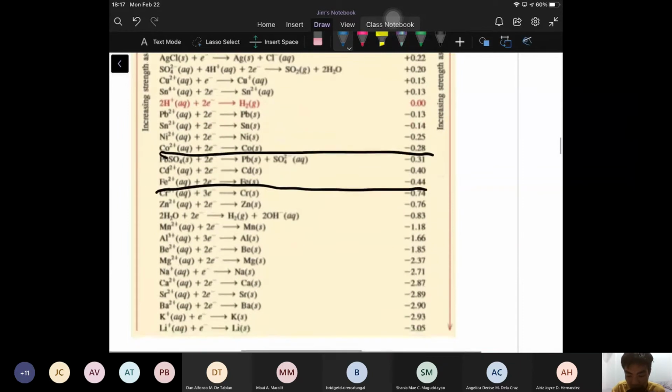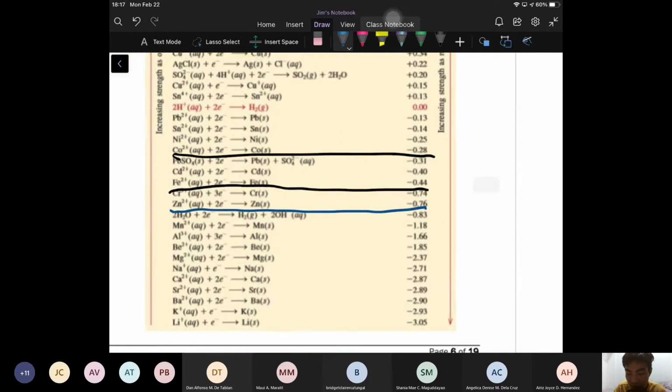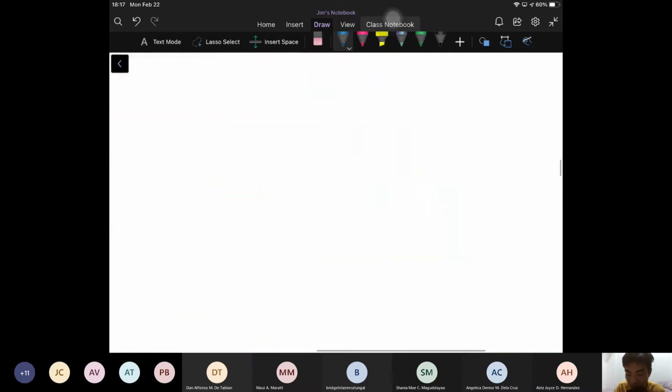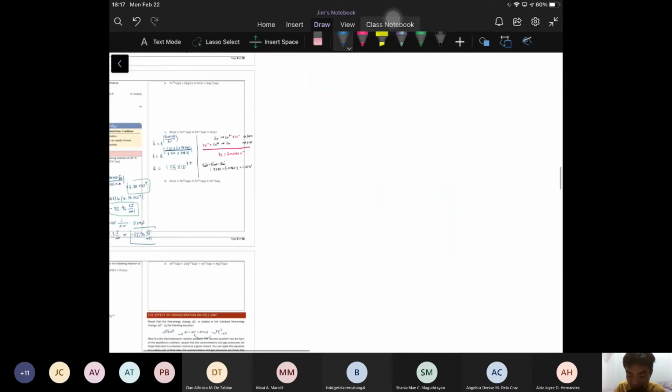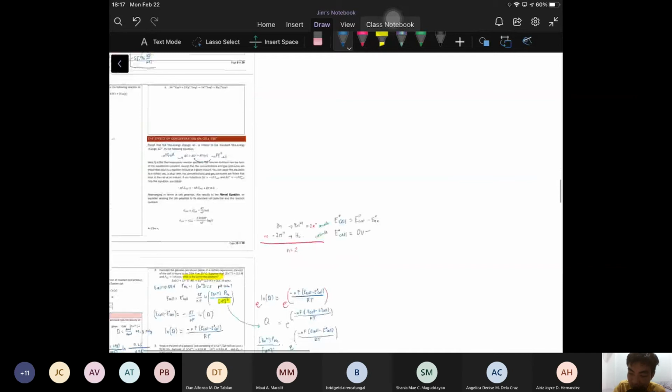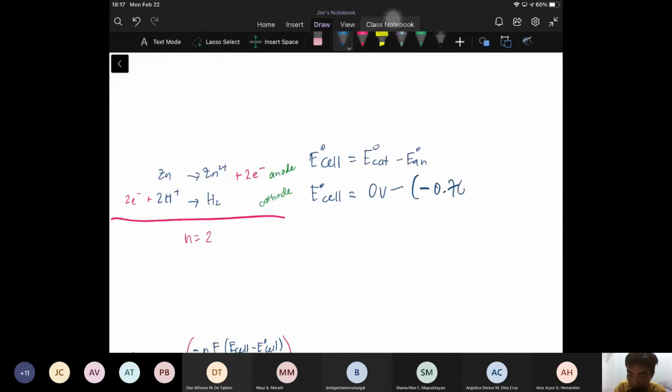Negative 0.76. Pag-add lang natin, 0 minus negative 0.76, 0.76 volts yan. So yan yung E not cell natin.